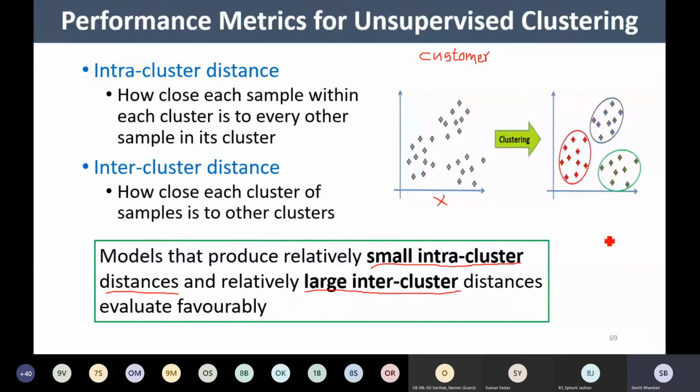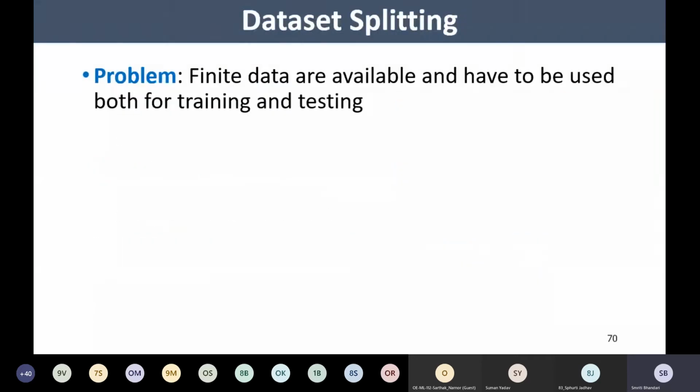Now, the next point that we are going to cover is regarding the data splitting of the data set. So what do we mean by that? Whenever we are building any machine learning application, we are provided some data initially.